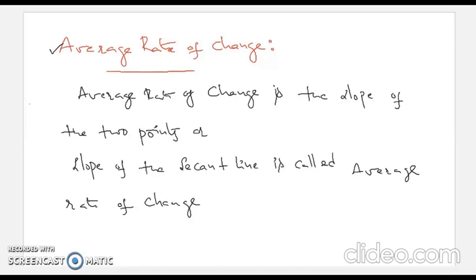What is that? Yes, y2 minus y1 by x2 minus x1. This can be considered as average rate of change, or the slope of the secant line is called average rate of change. What is a secant line?